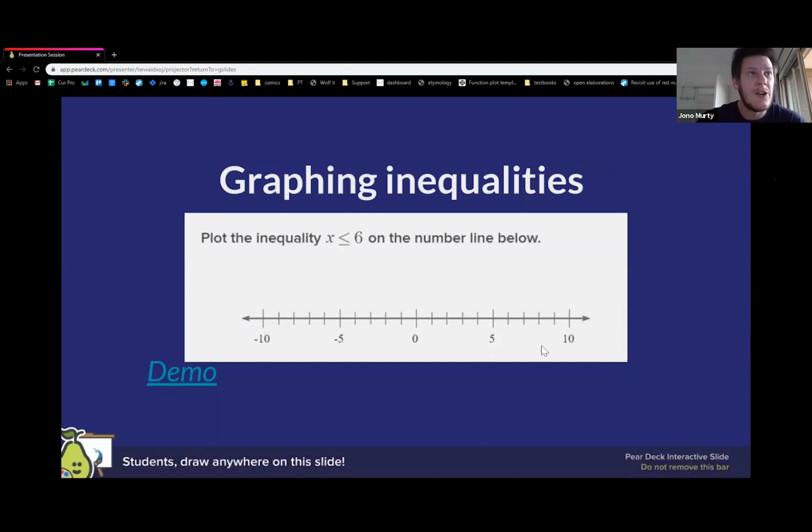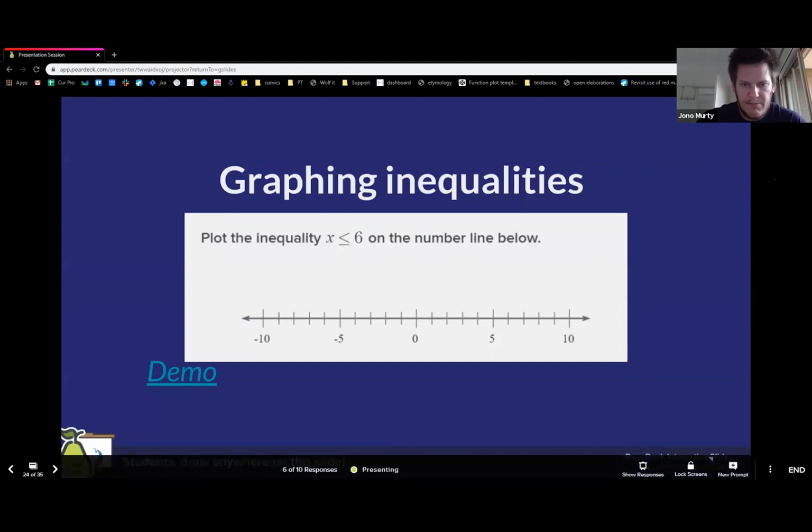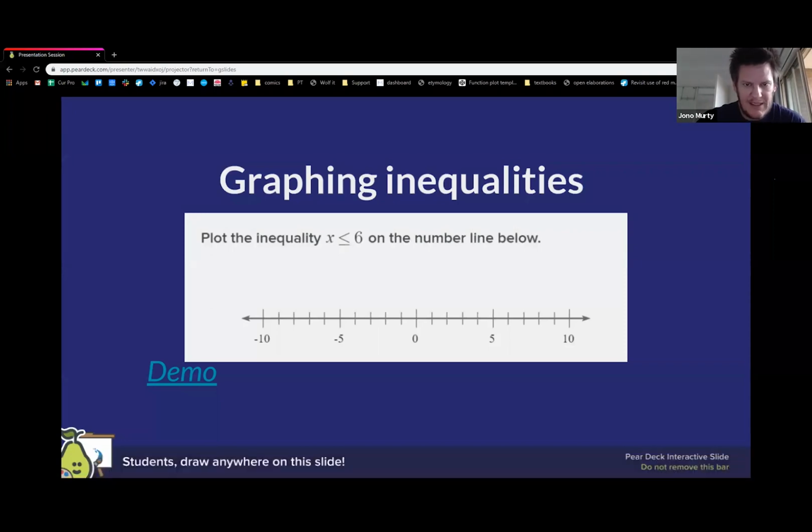I think you can control the width of your pen when you're drawing these. But if you just want to use the thickest one, that's fine. Just make sure you clearly indicate whether you have an open or a closed circle at the main point.